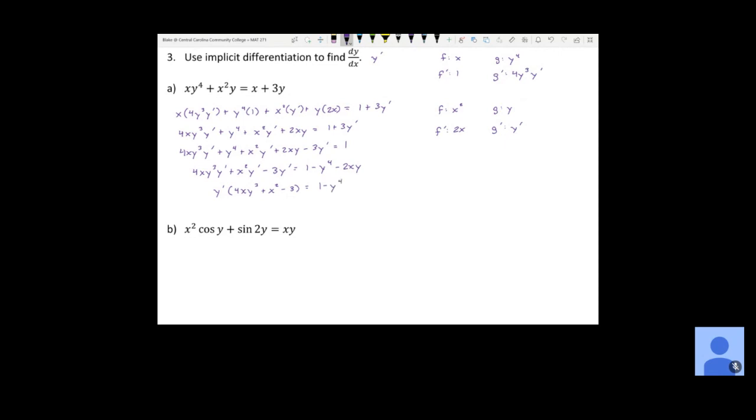Everything on the right-hand side stays the same. And then our last step is to do what? Good. Now we can just divide everything here. So we're going to have y prime equals 1 minus y to the fourth minus 2xy, all over 4xy cubed plus x squared minus 3.